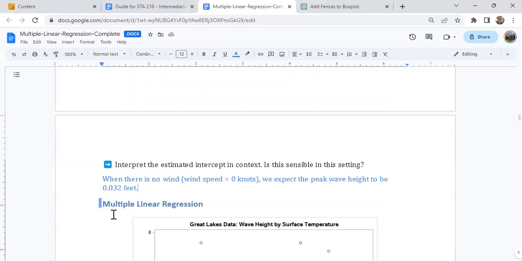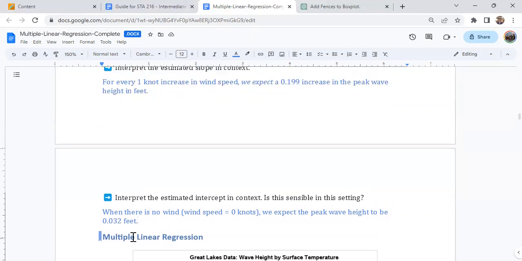There's lots of problems where the intercept doesn't make sense to interpret in context for a number of reasons. Does that seem to make sense here? Yeah, it actually makes sense here. If there's no wind, we can certainly predict what the peak wave height is going to be.